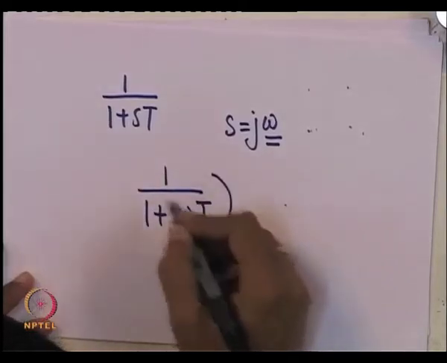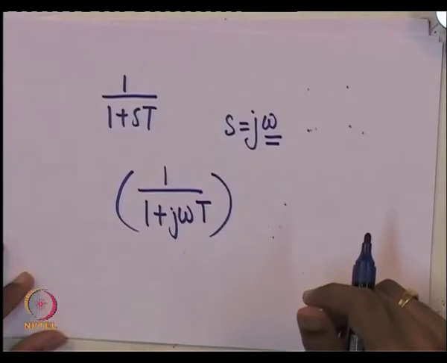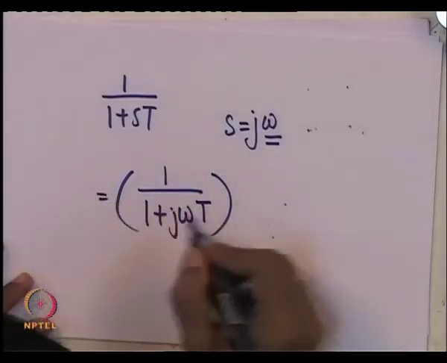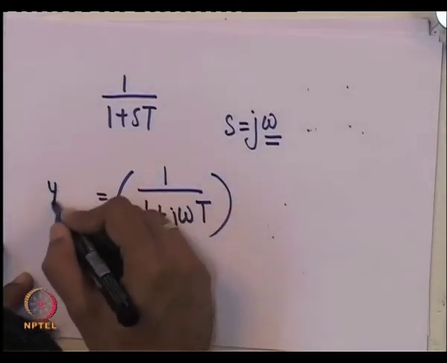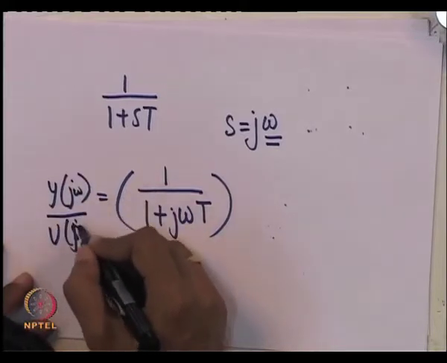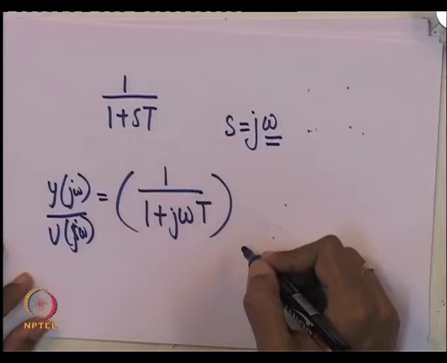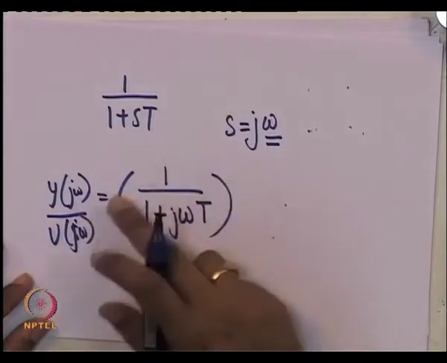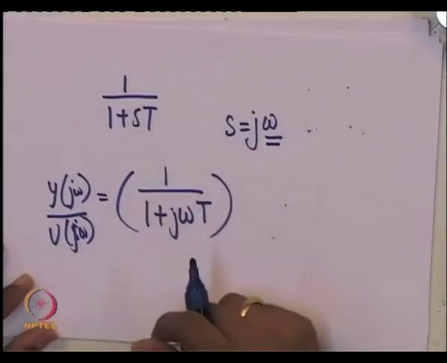This is something of course you have done before, but we are just revising that. This is how it is represented. This is called a frequency response, or rather the transfer function evaluated at this frequency.